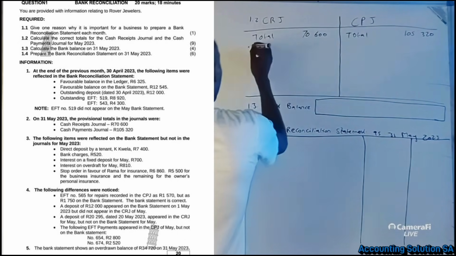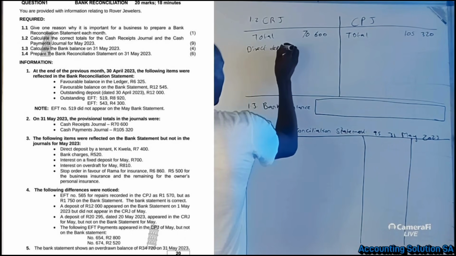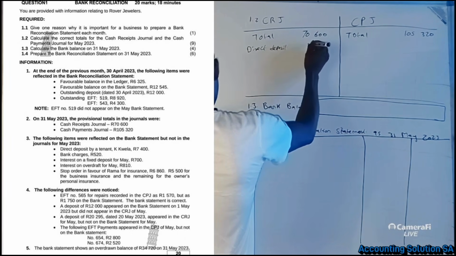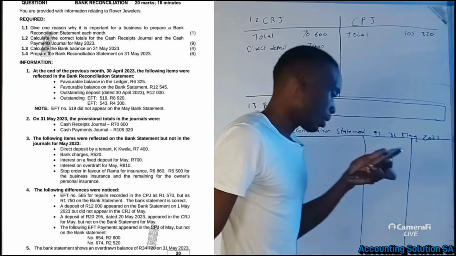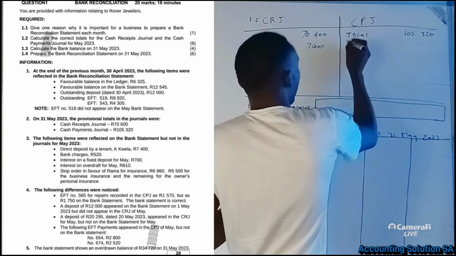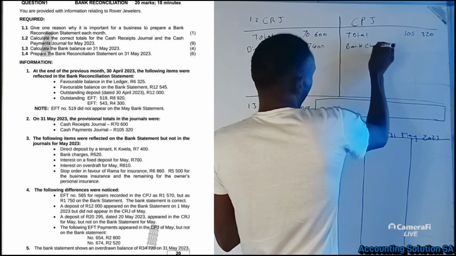Okay, which means that we're going to have a direct deposit amount of 7,400. Then the next one, they said a bank charge is 520. Obviously bank charge is cash payment journal because we paid.